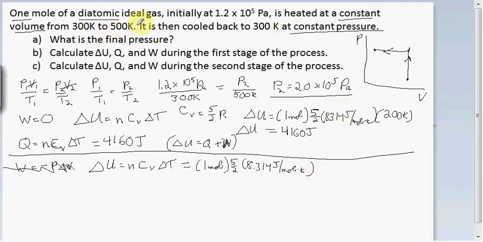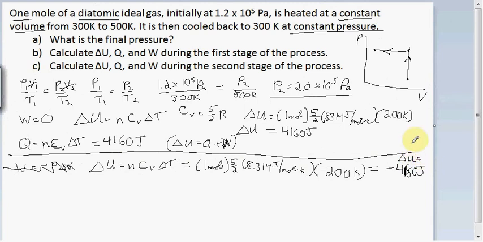It's going from 500 back down to 300, so my change in temperature is minus 200 kelvins, and so this leaves me with minus 4,160 joules. So that's delta U.